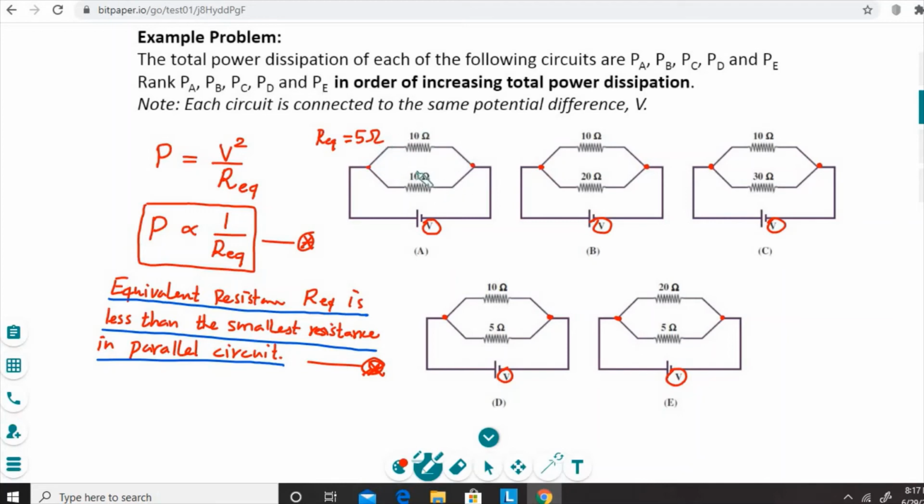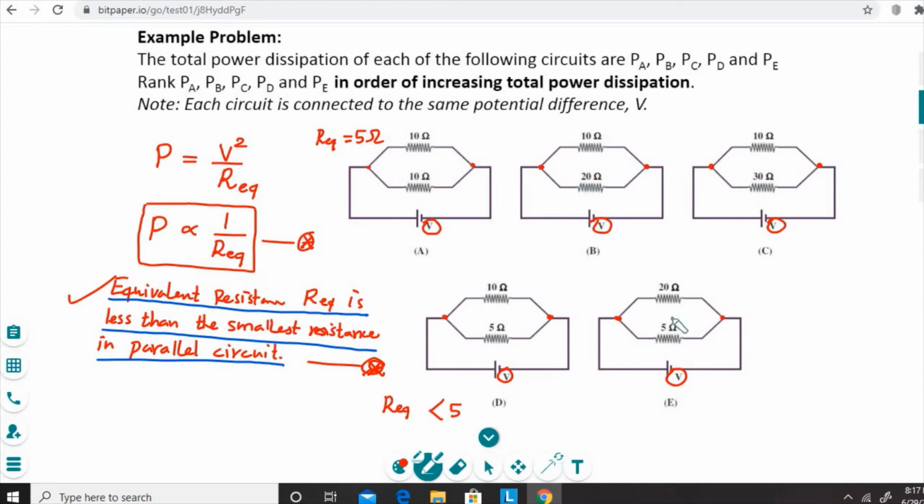The equivalent resistance here is 5 ohms. Here, if you apply this fact, you will see that the equivalent resistance is less than 5. So this equivalent resistance over here is less than 5.